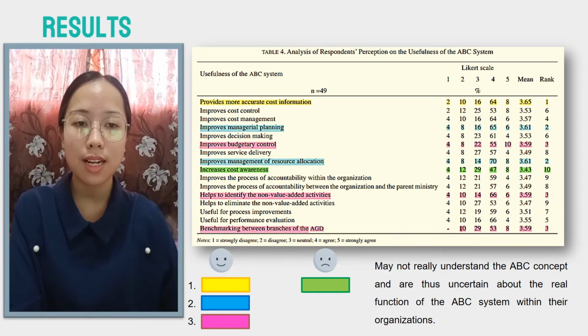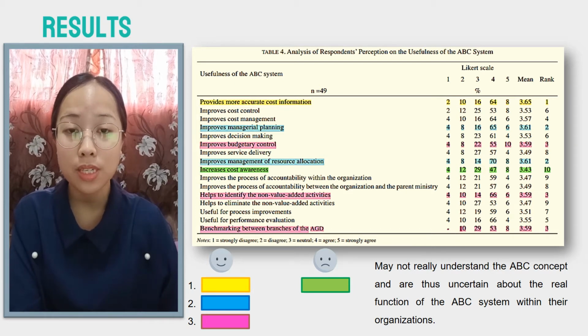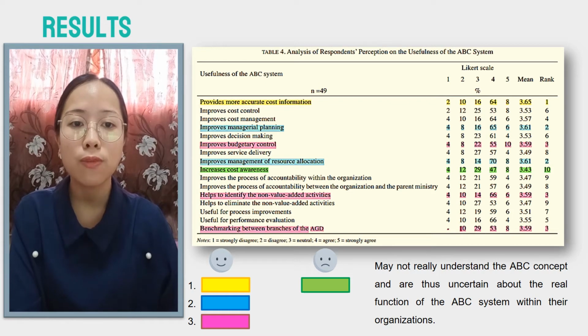So, for the result, this table shows the analysis of respondent perception on the usefulness of the ABC system, which is number 1, strongly disagree, and until number 5, strongly agree. As can be seen from this table, the items perceived to be most useful are number 1, provides more accurate cost information.